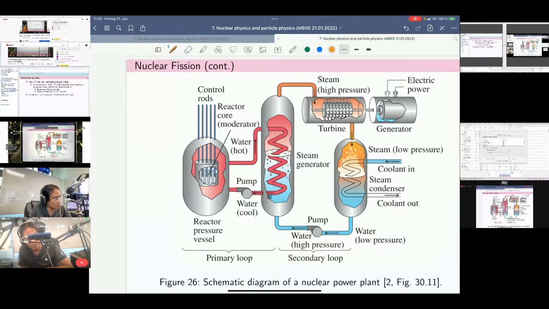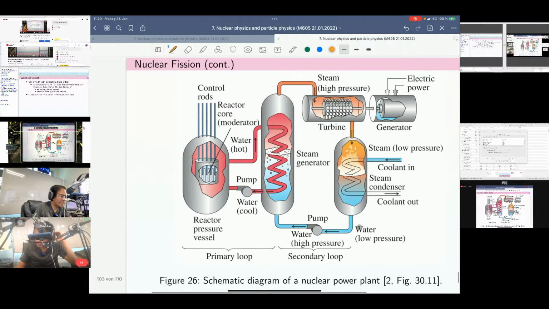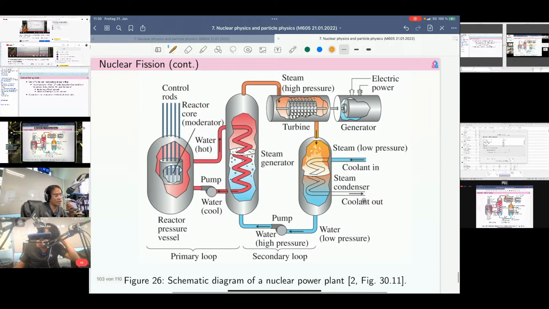It is controlled to touch the blade of the turbine in the steam turbine machine. That's the schematic diagram of the nuclear power plant. This is the simple version. Actually, there should be some units that take control of the safety or the security of the power plant, and the time is over now.